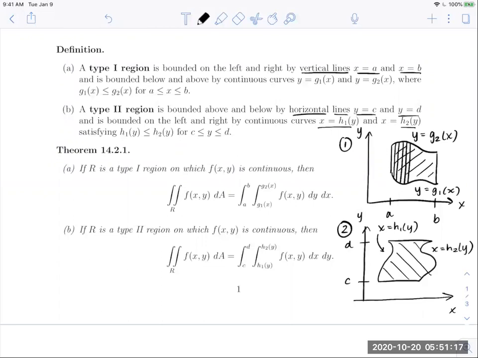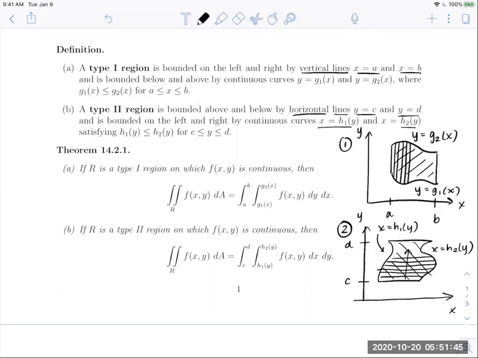So when we're going to be working with regions of type 2, we're going to be taking horizontal, really small slices, computing those areas of those rectangles, and adding them up by way of an integral. And again, it makes sense in this way because those horizontal slices are going to begin at a straight horizontal line and end at a straight horizontal line as we stack them up.